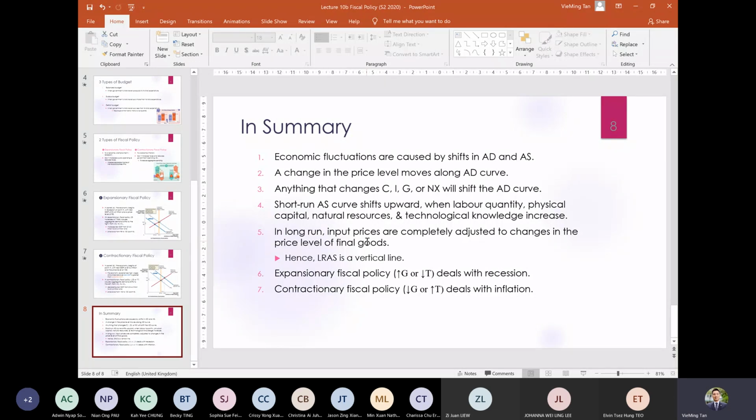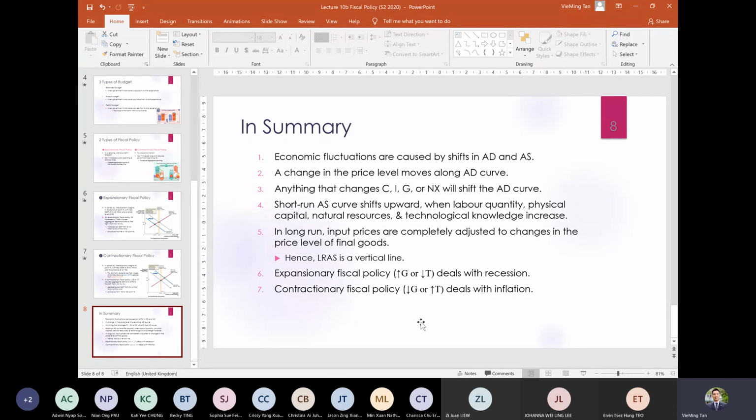Okay, so in the long run, these 2 factors, the changes will be the same. As a result, you may find that the aggregate supply is not sensitive to the change in the final goods price level. It will be the same as usual.